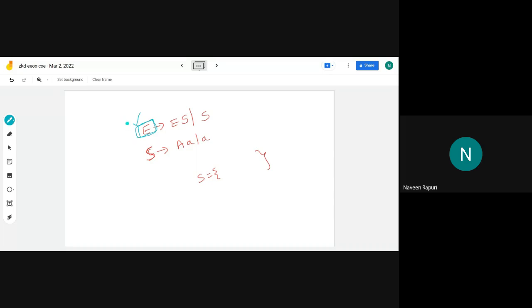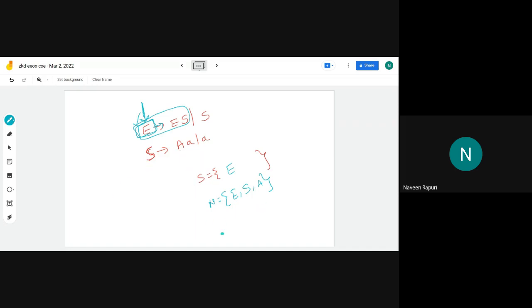So you need to remember that it is the first production. What is the first production here? E derives ES. In that, the left hand side non-terminal is E. So here E is the start symbol, and the non-terminals are E, S, A.